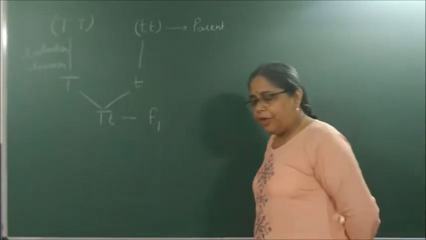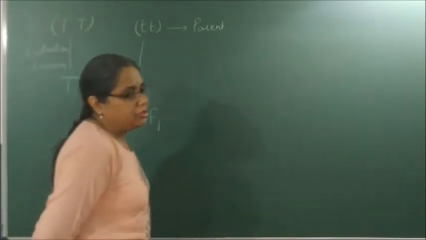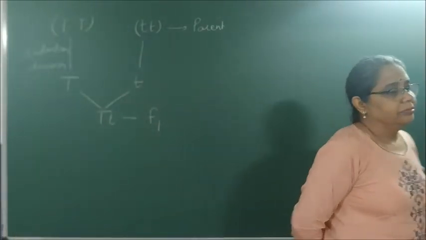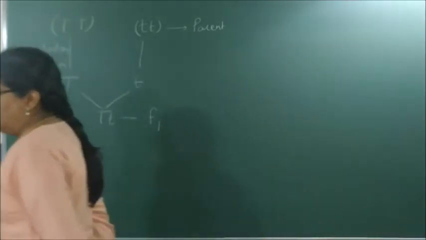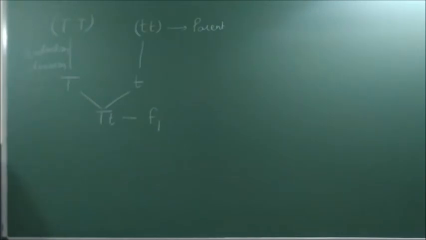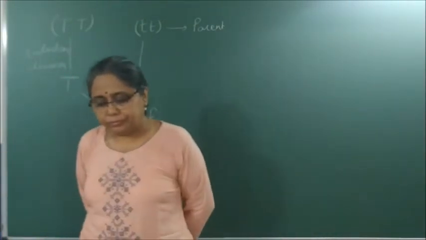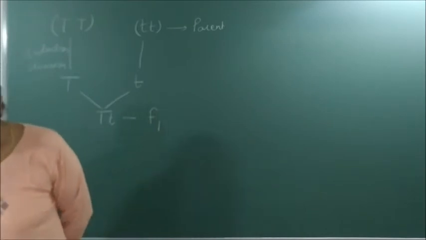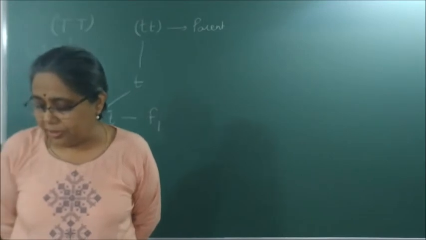When the plants of the F1 generation are allowed to self-cross, we get the F2 generation using a Punnett square.